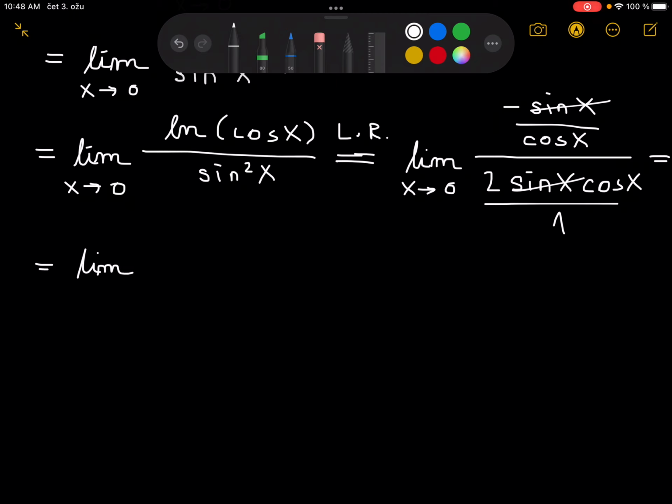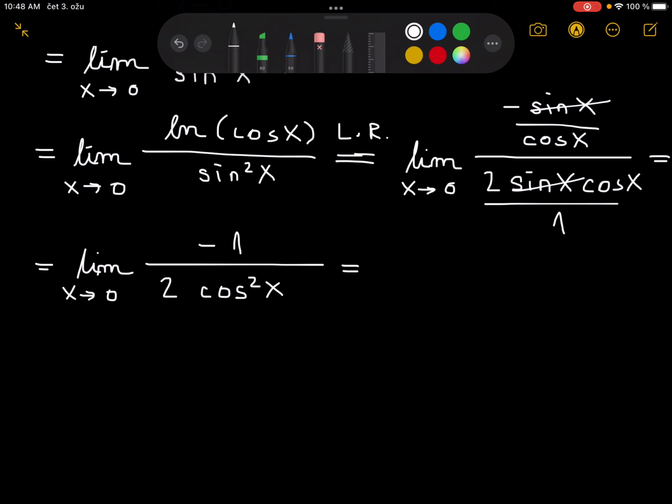So this is the limit as x approaches 0, and in the numerator we'll have negative 1, and in the denominator we'll have 2 times cosine squared of x.